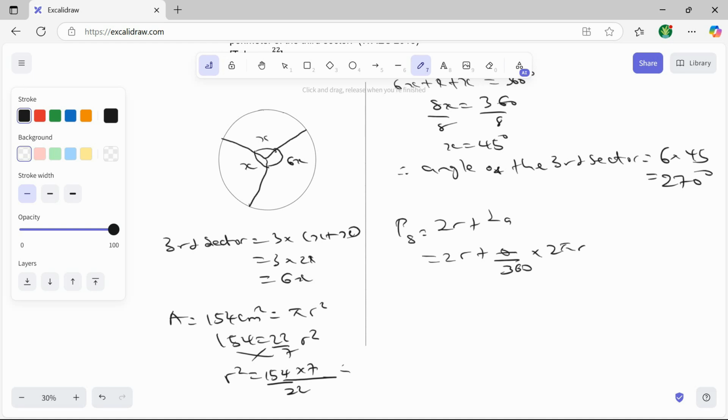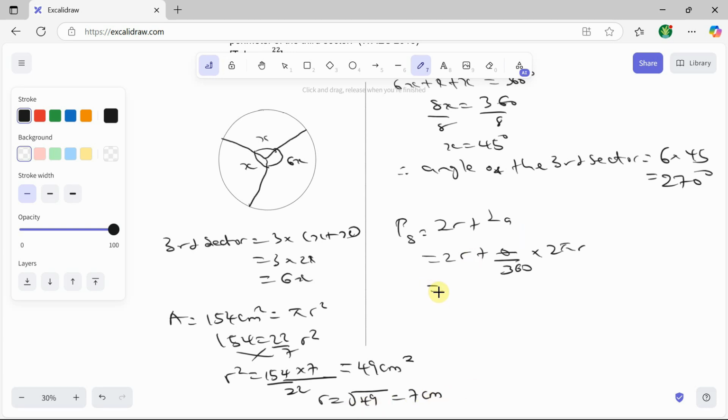So this is 49. So r squared is 49 centimeters squared. Then r will be the square root of 49, which gives me 7 centimeters. So my r is 7 centimeters.